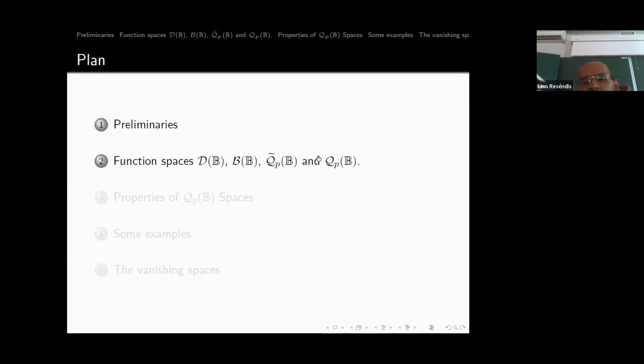All these spaces are defined on the unit ball of R4. After that, some properties of these hyperholomorphic Qp-spaces, and then some examples, and finally some words about the vanishing space of these Qp-spaces.